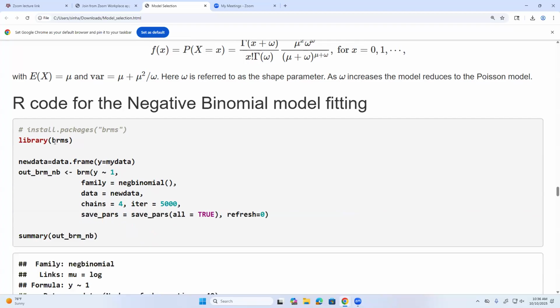And this is the BRMS package. But the solution is not a foolproof solution. You will see it's very time consuming, number one. If you want to run this posterior sampling, it's very time consuming. And you may encounter convergence issues.